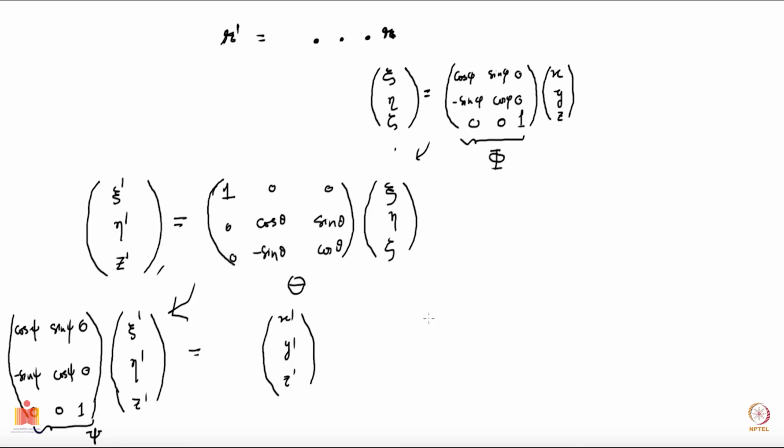Okay, so I start from here and arrive here through 3 consecutive rotations, and these are the corresponding rotation matrices, which means my matrix A, which takes me from original configuration to the final configuration, is a product of these 3. And because this is the first transformation, I should put it to the right most, because that's the one which is multiplying my x, y, z.